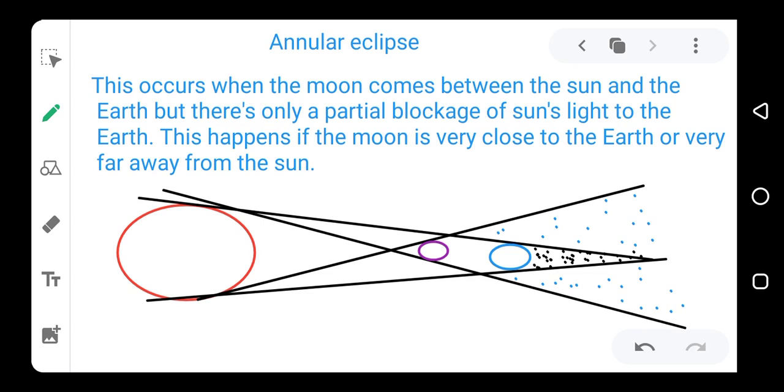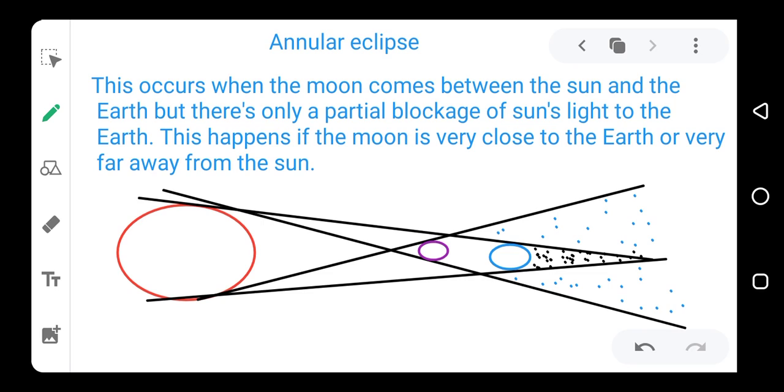Some part of the sunlight is still getting to the earth, but some part of the earth is being prevented by the moon. So this is what we call annular eclipse, when the moon is preventing part of the earth from getting the light from the sun. Not all parts of the earth are being prevented. So in this case, we say that there is a partial eclipse.